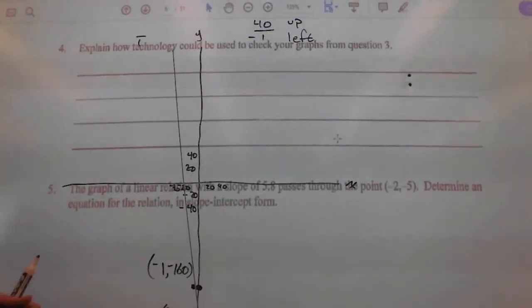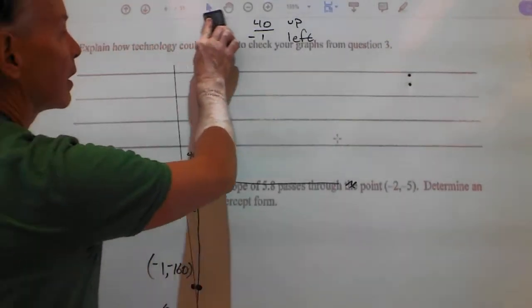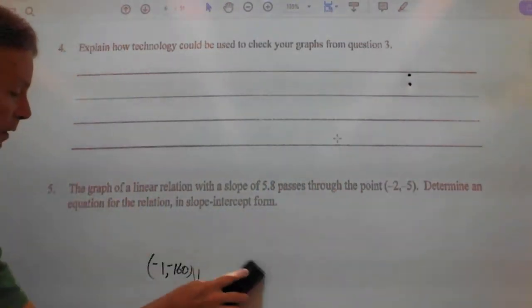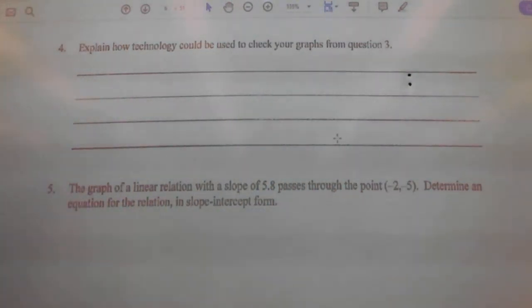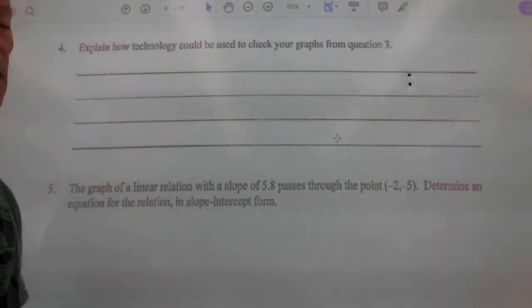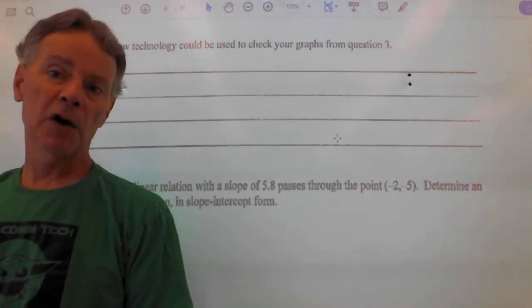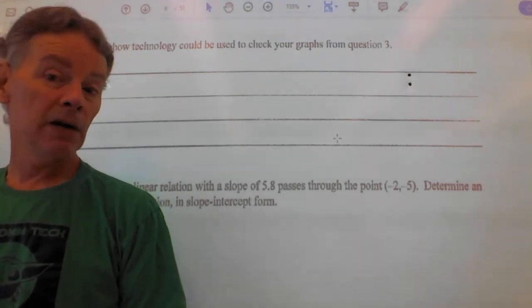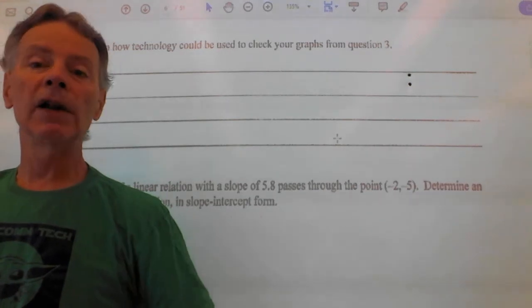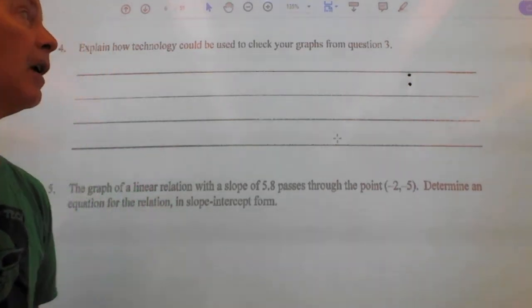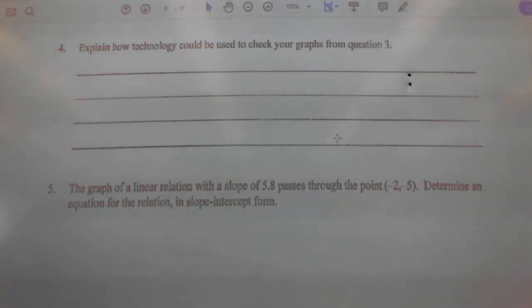Explain how technology could be used to check your graphs from question 3. Now, in the module, it shows you how to use your graphing calculator. This is something that we're not going to spend really much time on because of our COVID Math 10C class. It doesn't allow me to be with you to help you to set up your calculators to graph equations.